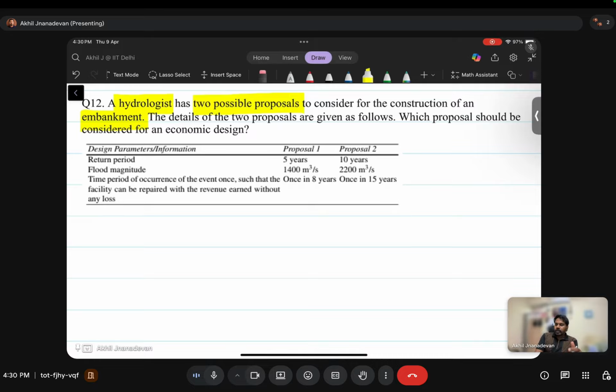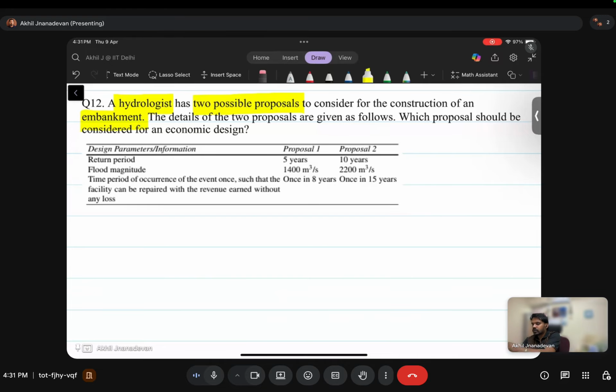So there will be some revenue we gain from these embankments, and from that revenue we can repair the proposal one once in 8 years, and the proposal two once in 15 years. Proposal one needs only 8 years of revenue, while proposal two needs 15 years of revenue. Based on this, we have to say which is the economic design.